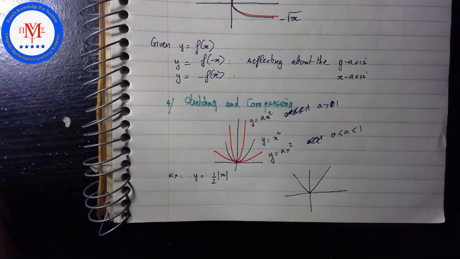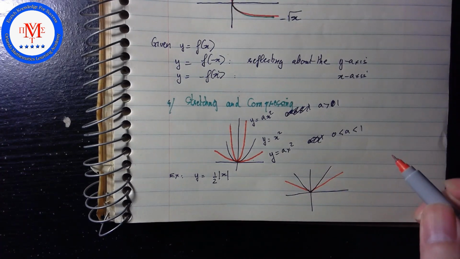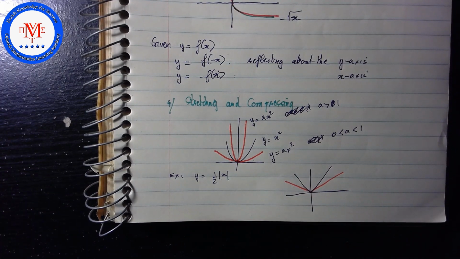We keep the x component, and the y component is decreased by the factor of 1/2. So instead of (1, 1), we have (1, 0.5). That's why the shape of the new graph becomes wider.